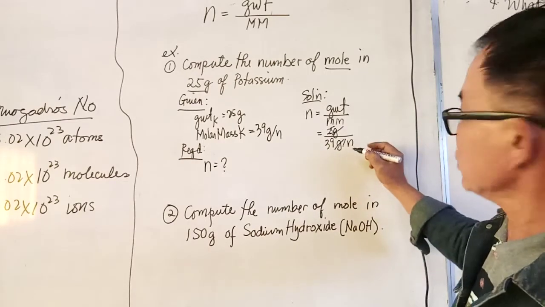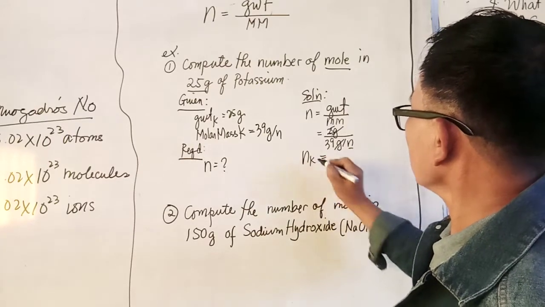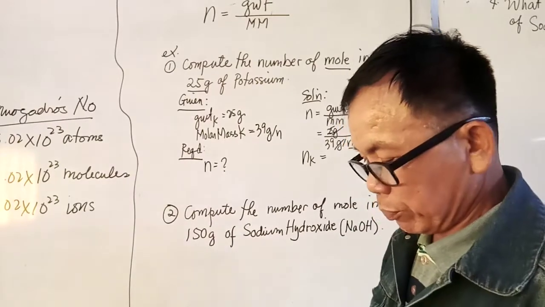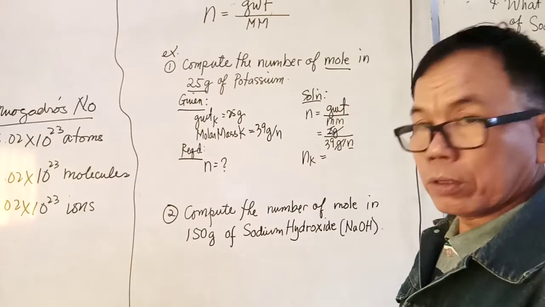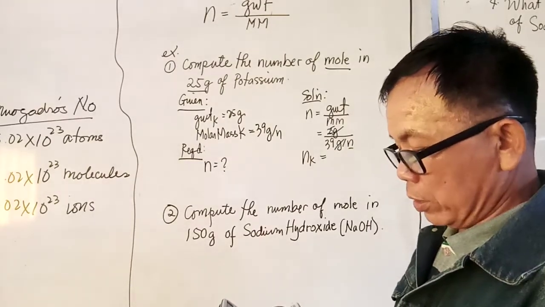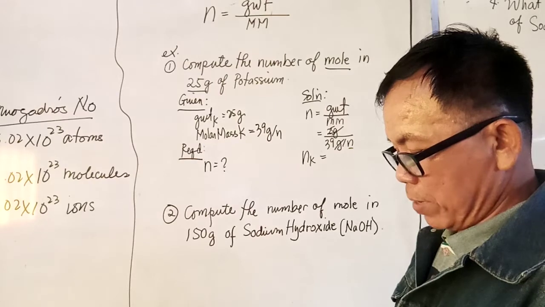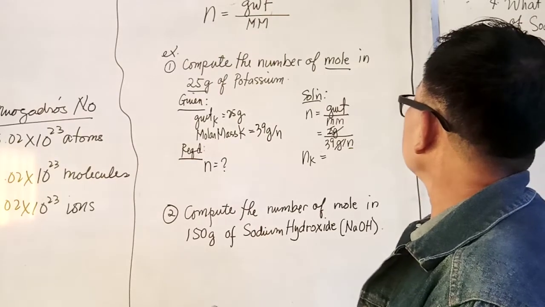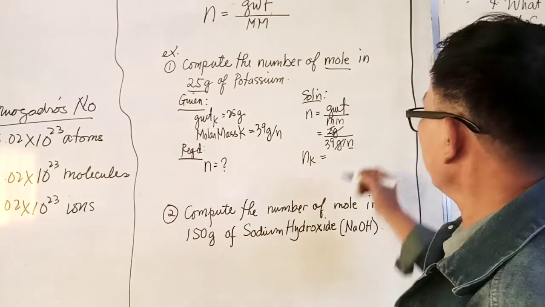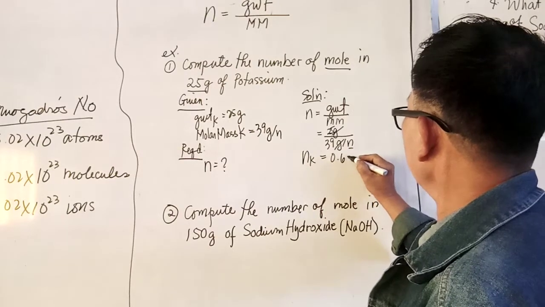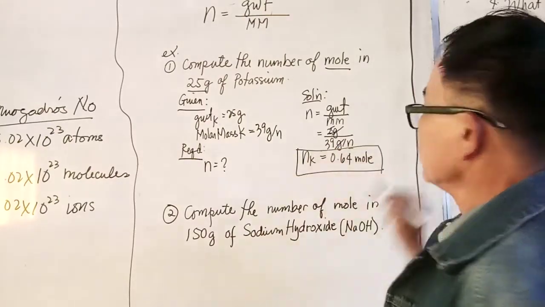What remains is the unit of mole, which is now the number of mole of potassium. 25 divided by 39 is 0.64. So 0.64 mole is the answer.